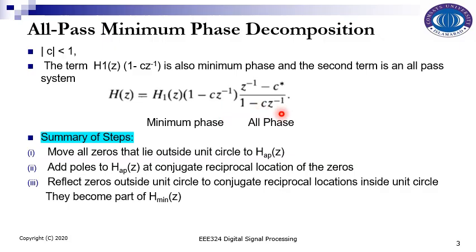This is the pole that comes in the conjugate reciprocal position, and this is the 0 that we moved outside. So our H of Z has been expressed in a form in which we have a minimum phase system followed by an all pass system. And we will look at an example of doing this minimum phase all pass decomposition, and then we will see what could be the application of doing this process.